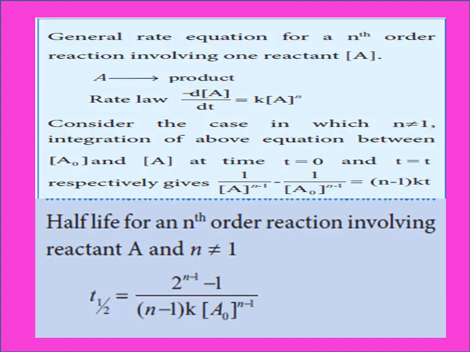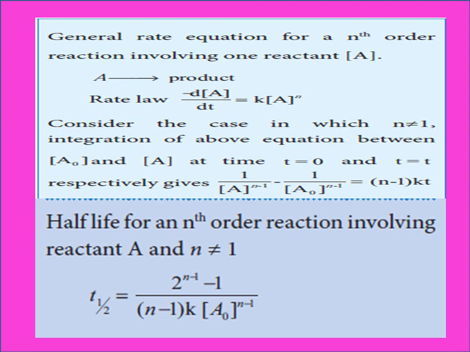We derived the rate constant for a first order reaction, the rate constant for a zero order reaction, the half-life period for a first order reaction, and the half-life period for a zero order reaction. Suppose nth order is given, how do we calculate the rate constant of the reaction? We know for nth order, the rate of the reaction depends on k into A to the power n, or minus dA by dt will be equal to k into A to the power n.